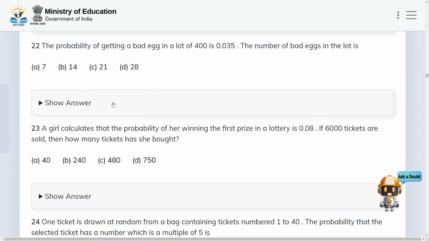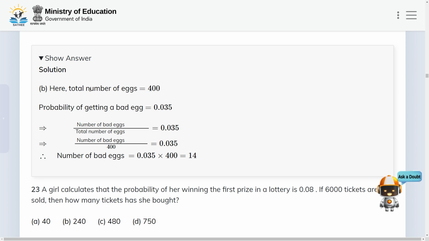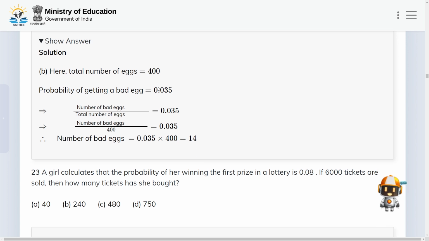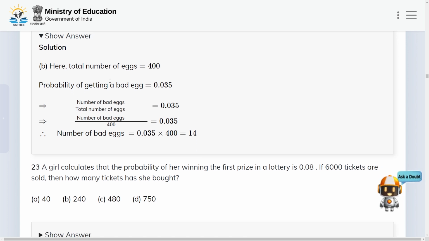So in question number 22, here we have the probability of getting a bad egg in a lot of 400 is 0.035. Then the number of bad eggs in the lot is what? So here total number of eggs is equal to 400. So probability of getting a bad egg is equal to 0.035, and it implies number of bad eggs divided by total number of eggs is equal to 0.035.